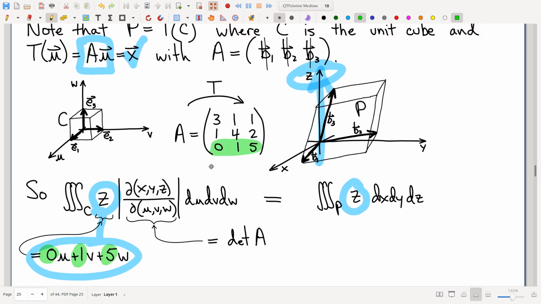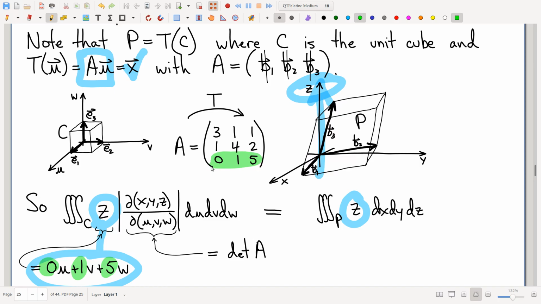So again, prohibitively difficult problem, and just for fun, I like to think through how bad this would have been if we hadn't done a change of variables. Well, this is a parallelepiped. It has 8 corners, one of which might be the start, one of which might be the end. There are 6 corners in the middle that you're going to slice through. That means you're going to have 7 separate iterated triple integrals. But it's worse than that, because those cross sections are not rectangles.